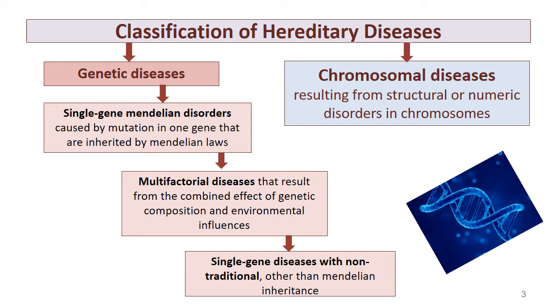Second, multifactorial diseases that result from the combined effect of genetic composition and environmental influences. And the third is single-gene diseases with non-traditional, other than Mendelian inheritance. Chromosomal diseases result from structural or numeric disorders in chromosomes.